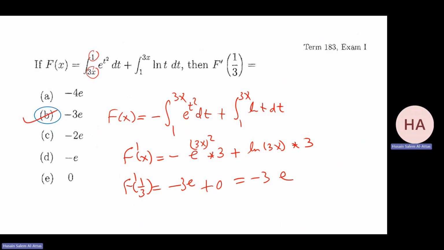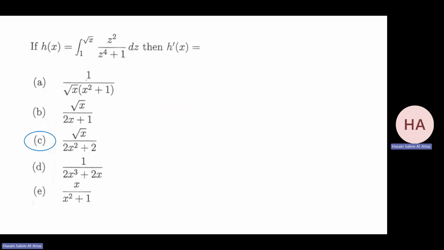So let us continue. Okay, we differentiate. This is not x; it's a function of x. We'll use that formula. So you have h prime of x will be square root of x squared over square root of x to the power 4 plus 1 times the derivative of square root of x, which is 1 over 2 square root of x.